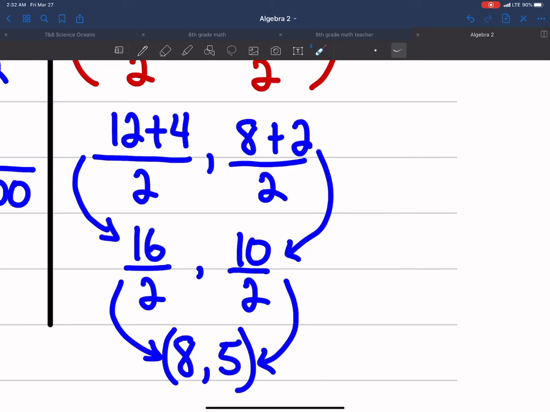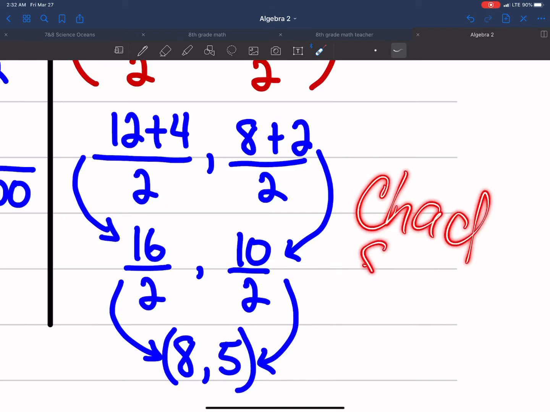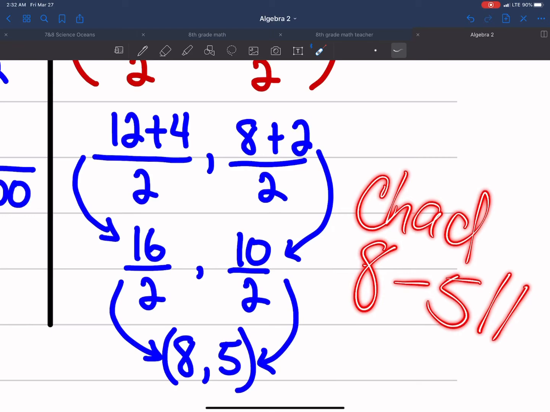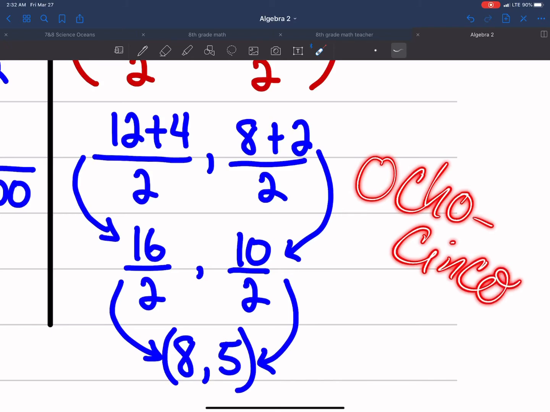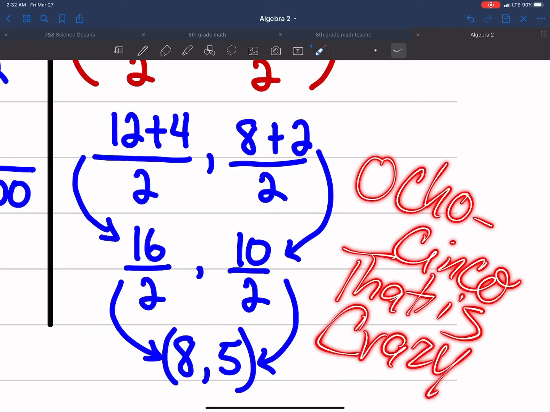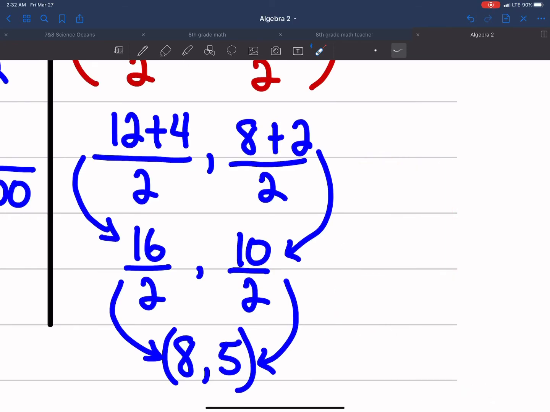This crazy man legally changed his name to Chad Ocho Cinco. So on the back of his jersey, the name said Ocho Cinco. That is crazy. I mean, who does that? Anyway, well, that guy did. He was a pretty good wide receiver, so I guess he could get away with it.